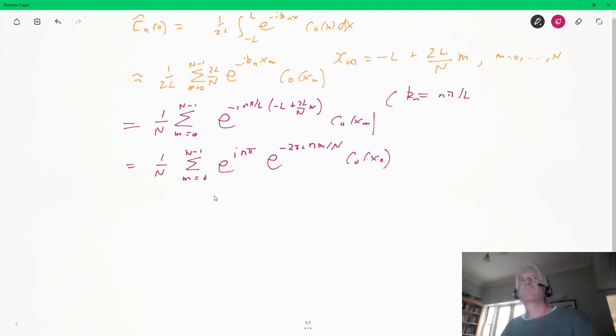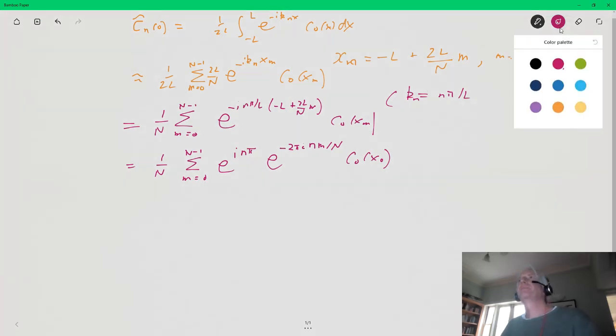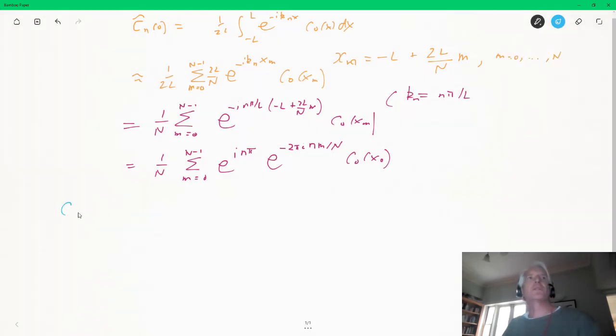All right. So now we've got to go back and work out what the actual solution C is. We've got a discrete set of points that we're calculating it at, right?